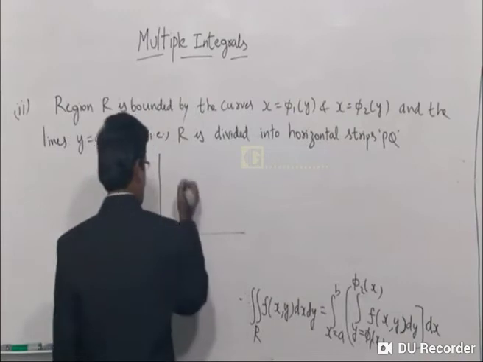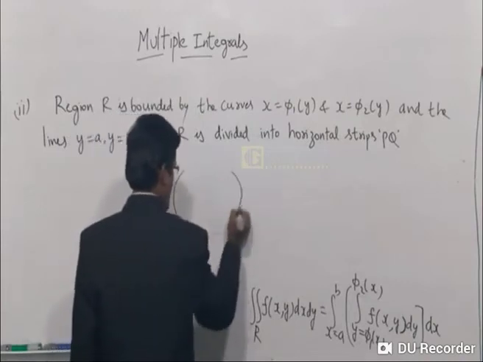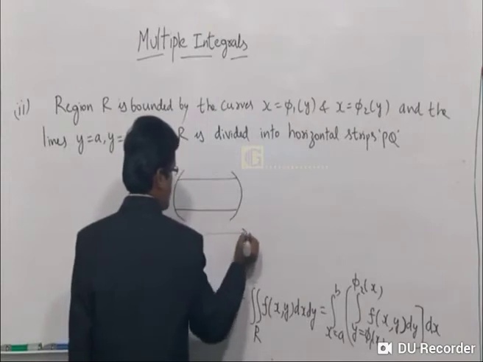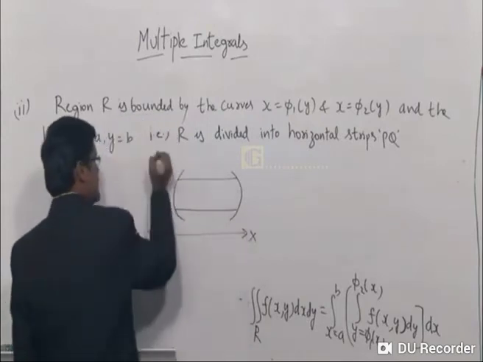Here, a curve like this, another curve like this, and the y limits are constant, so they are horizontal lines parallel to the x axis.